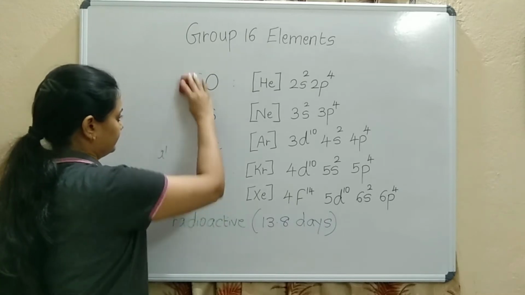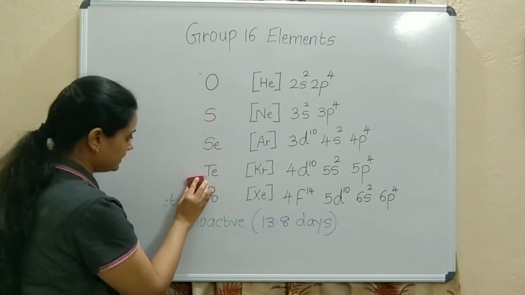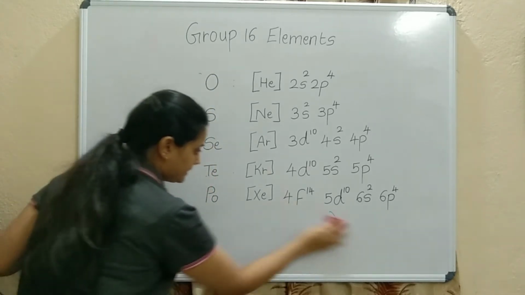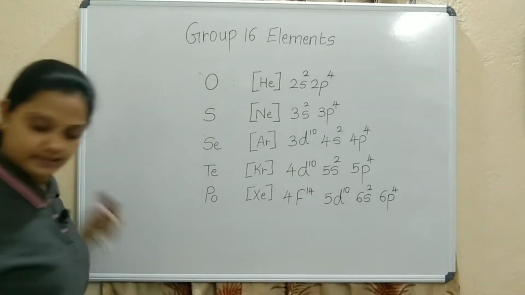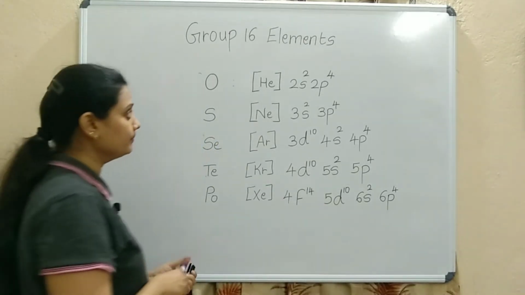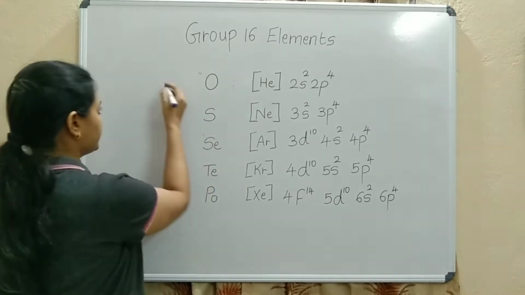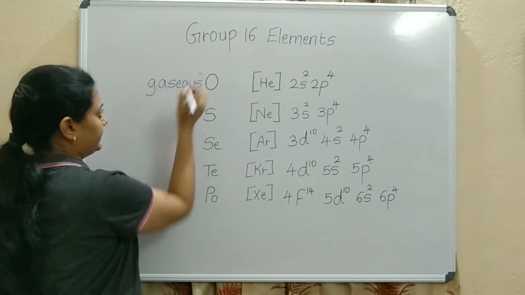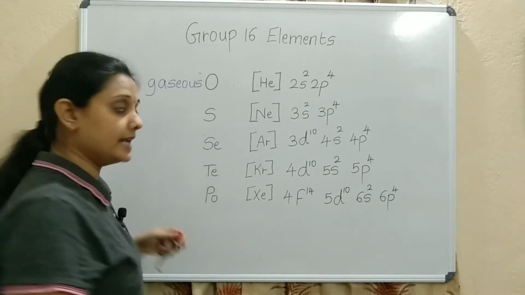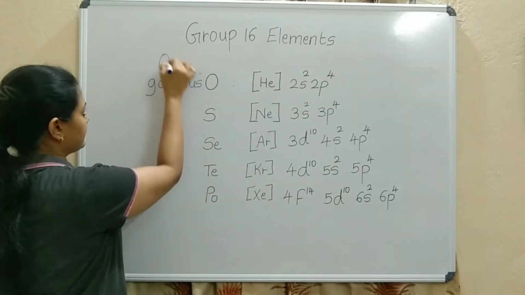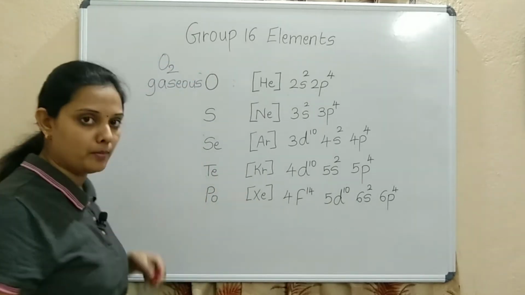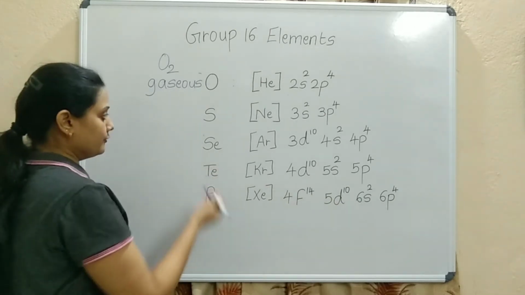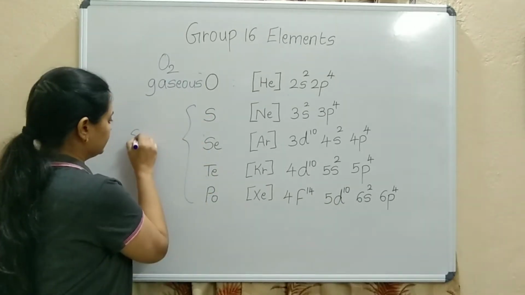Now let's see the physical character. Oxygen is a gas. It exists in the gaseous form, and it also exists in the diatomic form. We know that it is O2, diatomic form. The rest of the elements are solids.